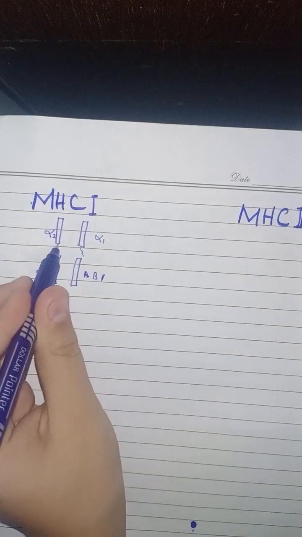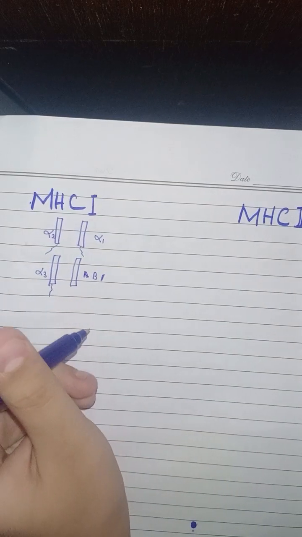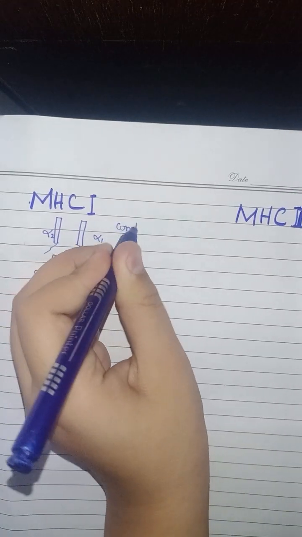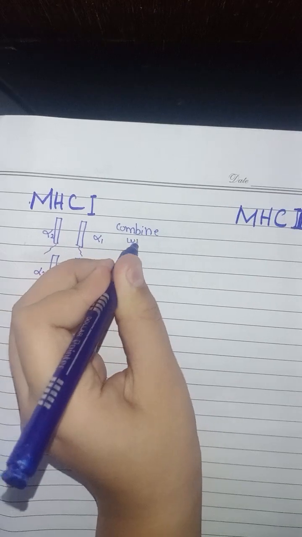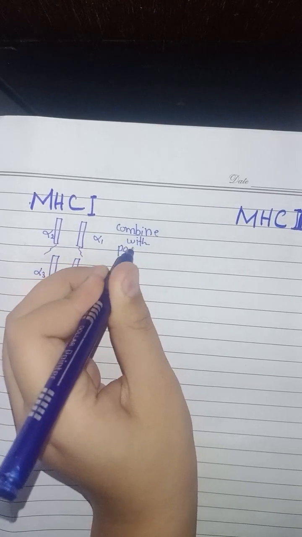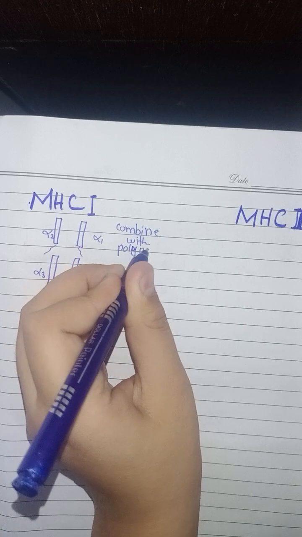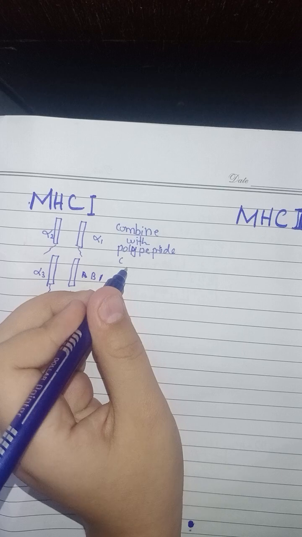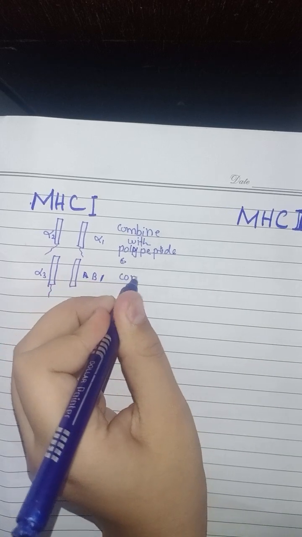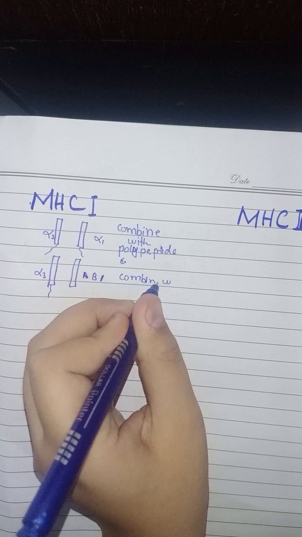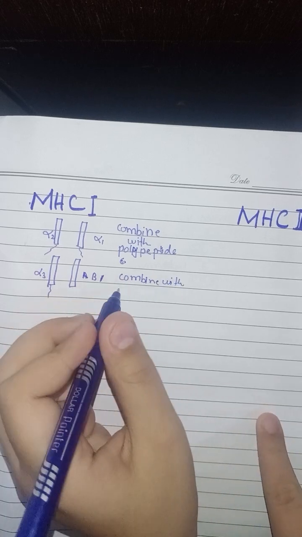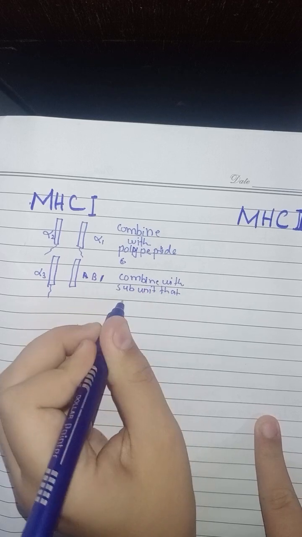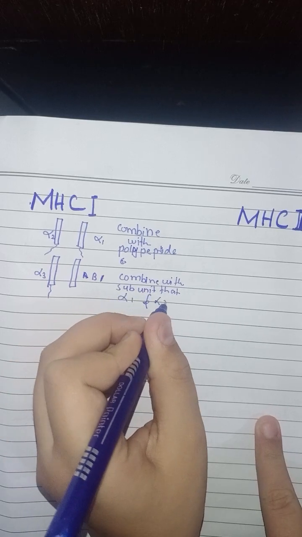Here these all have the tails too. These are combined with polypeptide bond. So the antigen is combined with subunit, that is alpha 1 and alpha 2.